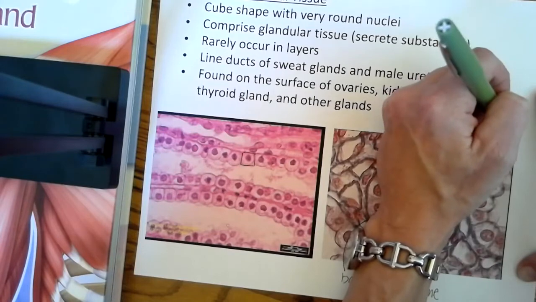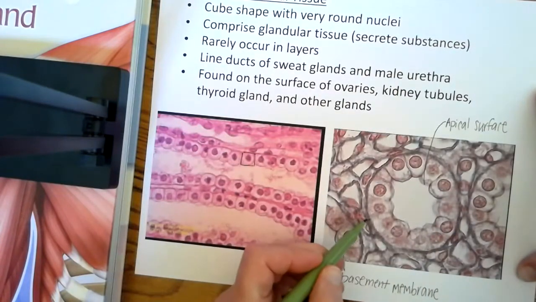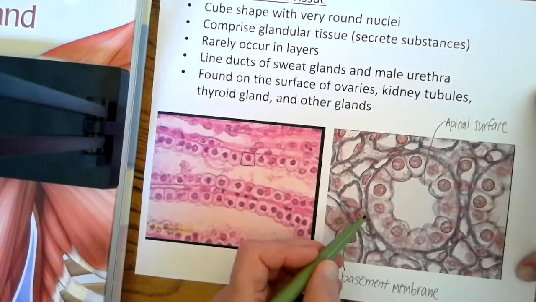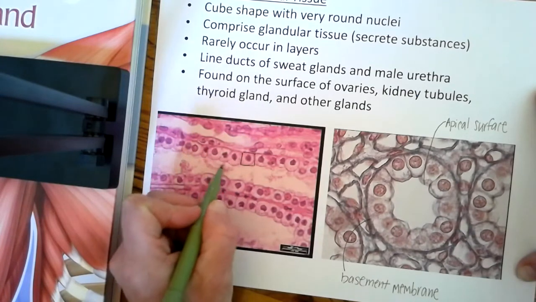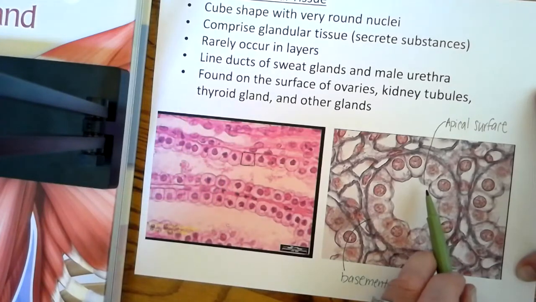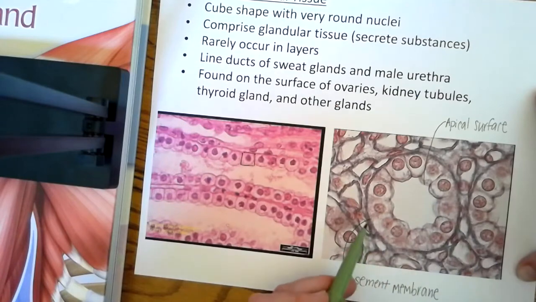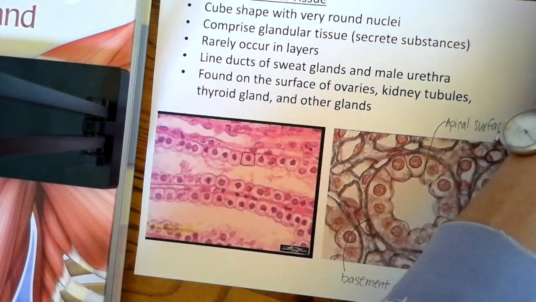The basement membrane is a layer of non-living matrix cells that attach cuboidal and columnar epithelial tissues and even squamous tissues to their underlying tissues. So right here along this line, that's basement membrane. This is the apical surface. The apical surface is the free surface. It's on the opposite side of the cell from the basement membrane.